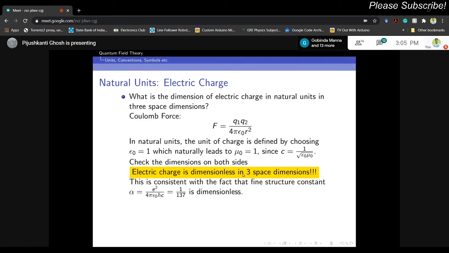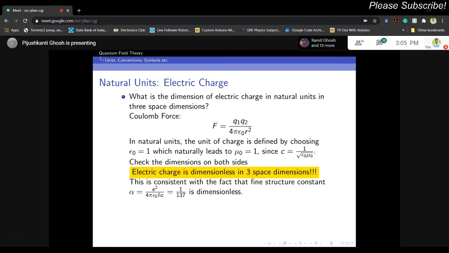Now you must have noted that I am repeatedly mentioning that in three space dimensions. Here also I'm talking about three space dimensions. Why am I talking about three space dimensions? Because the dimension of the electric charge, does it vary with dimensions? Say for example, if you consider 2 dimensions or 4 dimensions, or in string theory they talk about 10 dimensions.